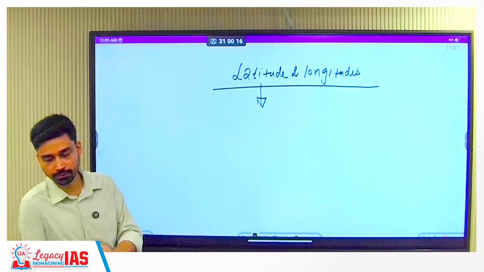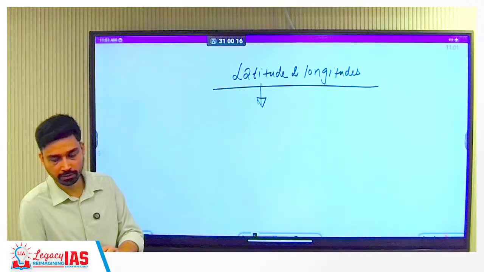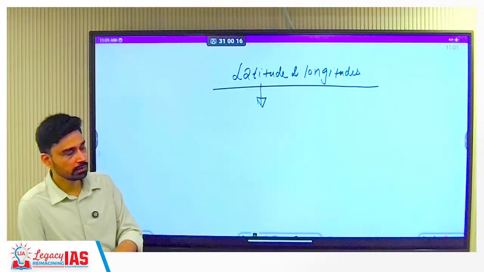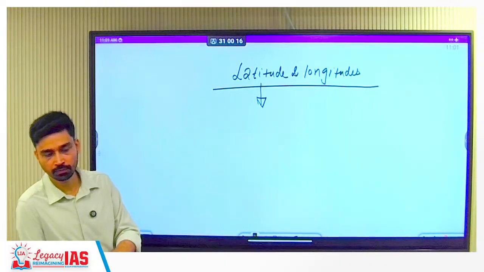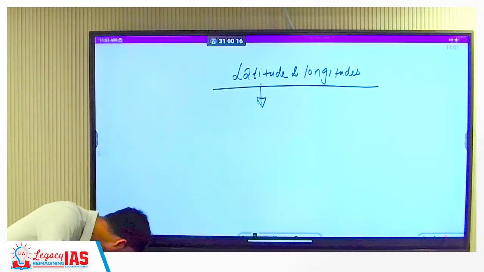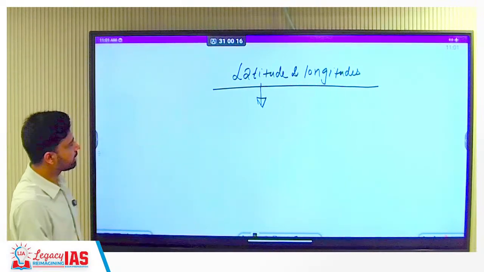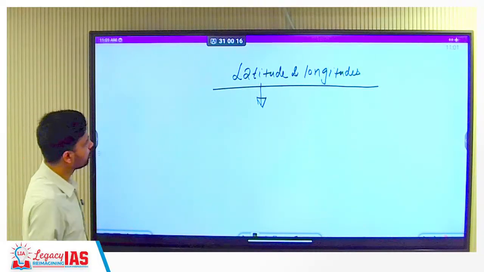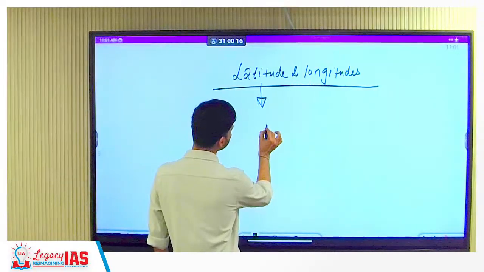Place on the earth's surface, measured from, we can later relate. It is the angular distance of a place on the earth's surface, measured from the center of the earth. Measured from the center of the earth.